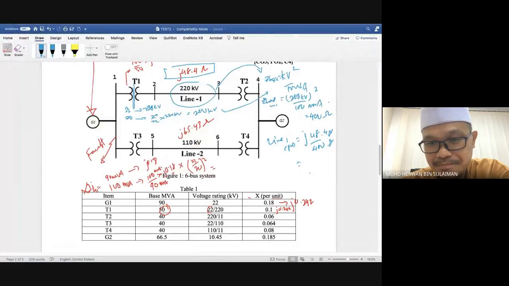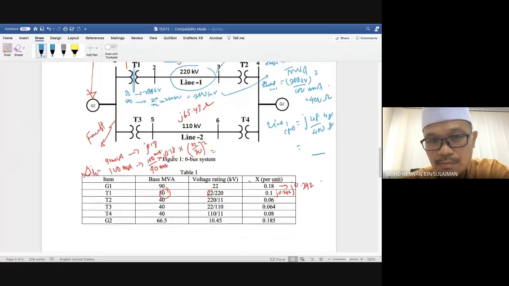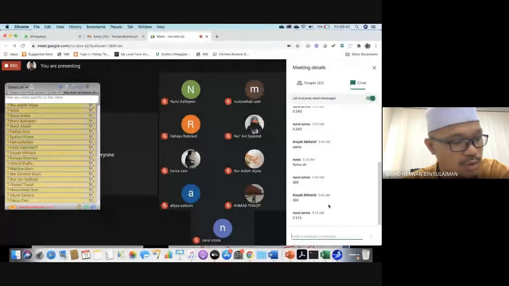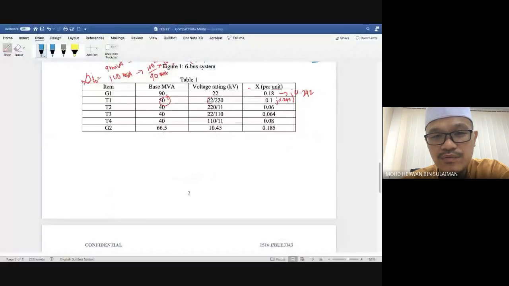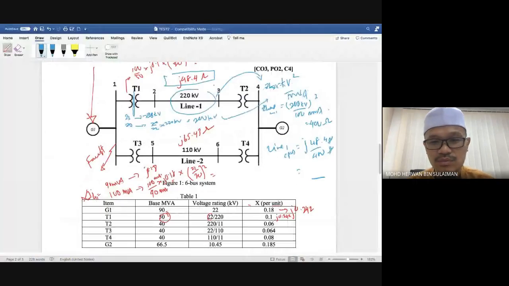Berapa dapat ni? So you get value of line 1 J 0.121.